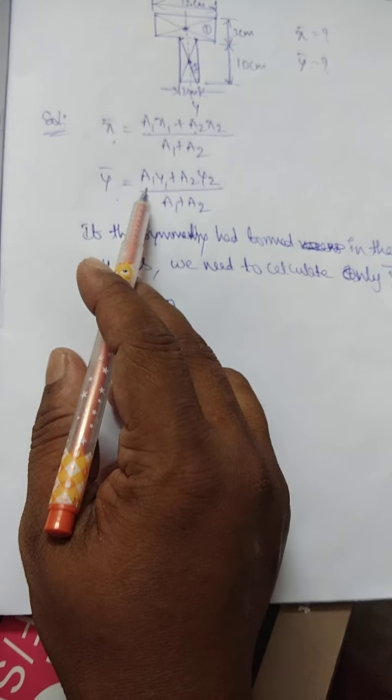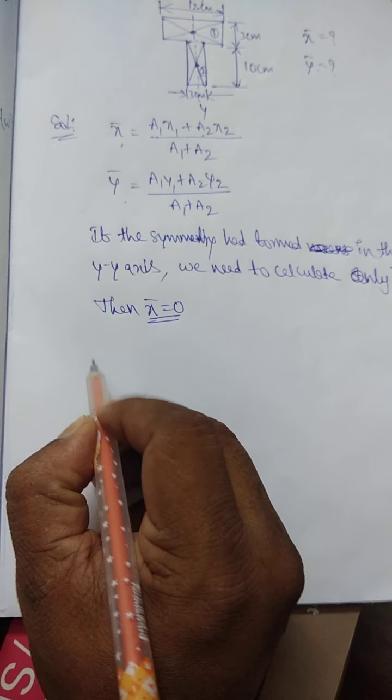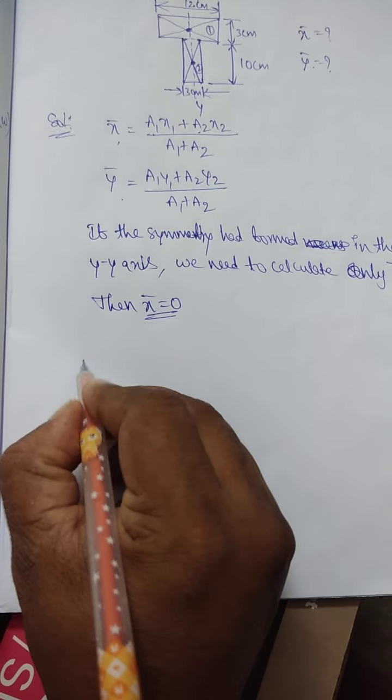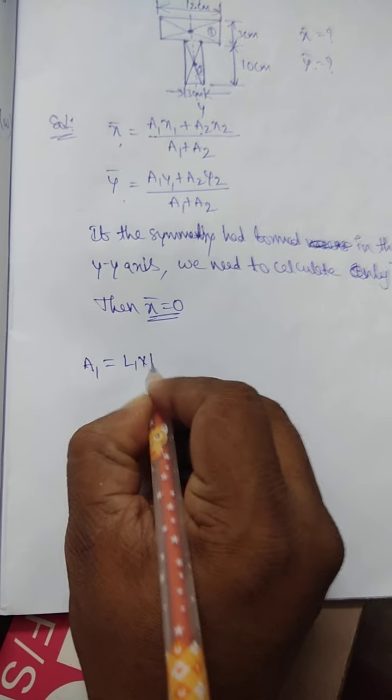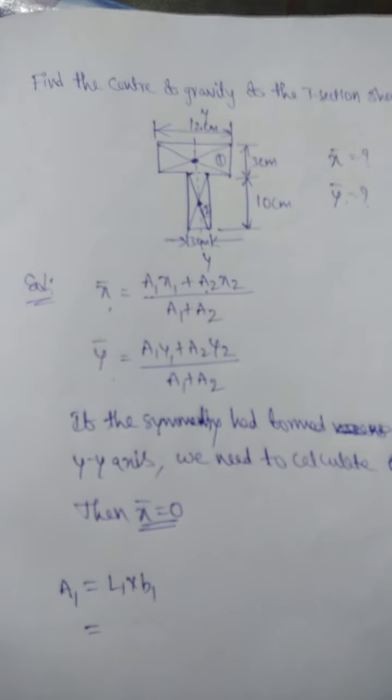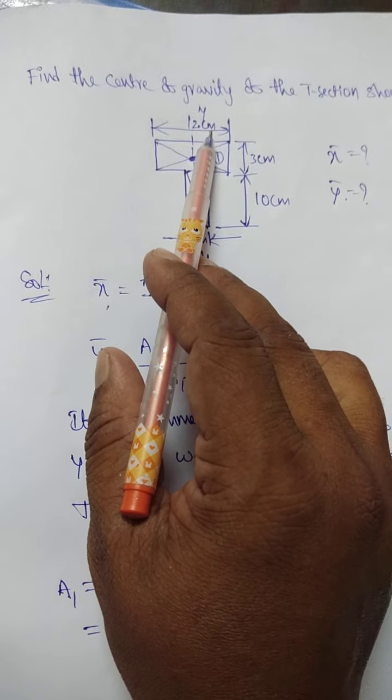In y bar we have a1 y1 plus a2 y2 by a1 plus a2. Now I am calculating a1. a1 is equal to L1 into B1. In the diagram it is given for part 1 that the length is 2 centimeters and the breadth is 3 centimeters.